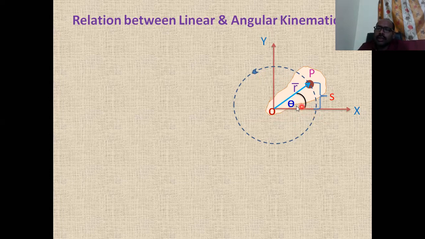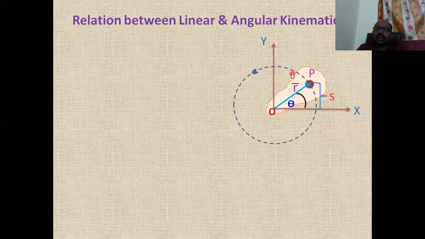The angle made by the radius vector with the x-axis is theta, measured in the counterclockwise direction. And this blue line is the radius vector, that means a vector joining the origin and the considered point. It is r bar, the position vector.